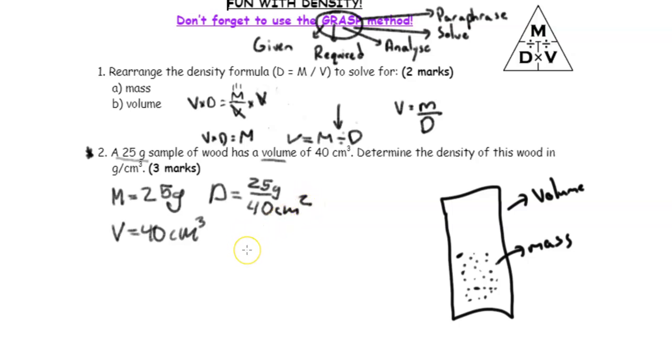Two things: one, I want you to write the equation first, M over V. The reason is, if you substituted incorrectly, you will not get any marks for knowing the equation. But if you write D equals M over V, you will get part marks for knowing the equation.